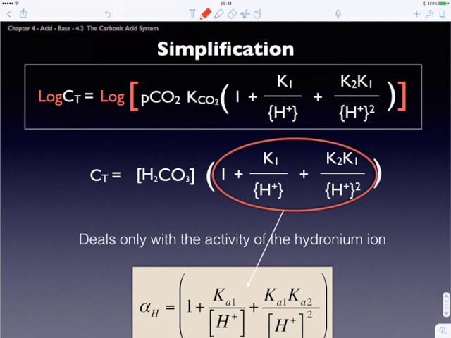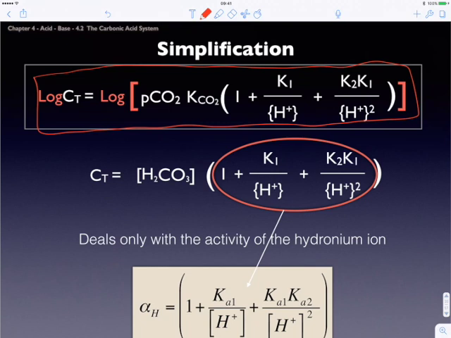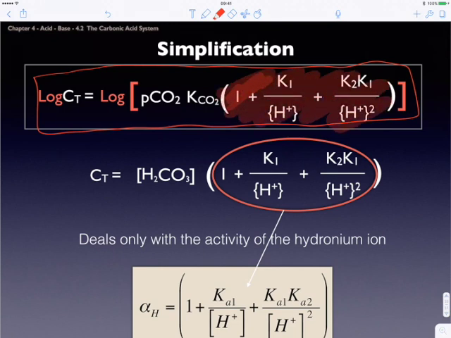For basic calculations, the way you're doing in the exercise, for example, you can simplify this entire section here that is mainly constant, right? Or a function of the pH, but you know the pH because you're going to measure the pH.